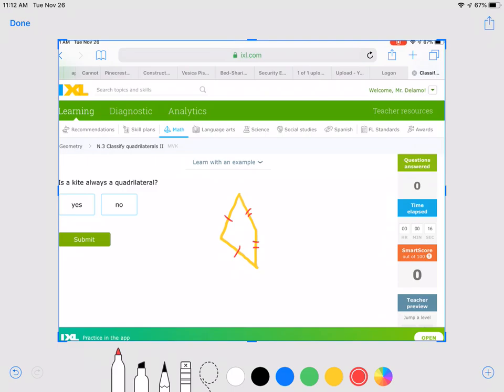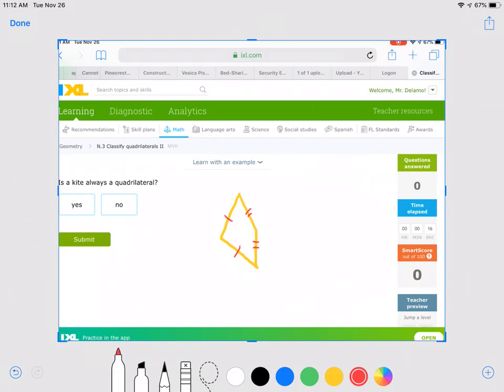And yeah, so what a kite is, it's got no pair of parallel sides, okay, and it has two pairs of congruent sides, but not all four sides the same. Okay, otherwise it would make a rhombus.